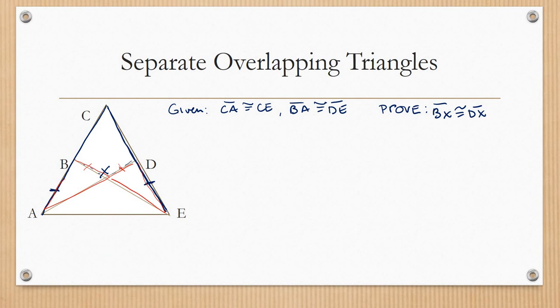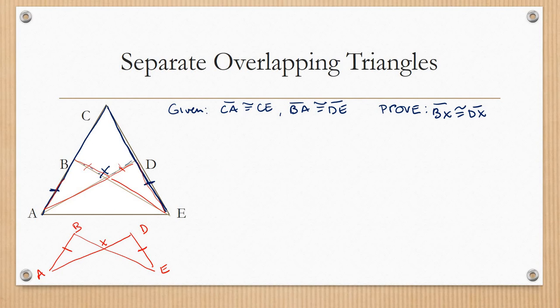So what I'm going to do is first draw those two triangles outside of the picture. So that's A, B, X, D, E. I already have a congruency here, but I do need some other pieces. So one of the things that I'm going to do is look at two other triangles.